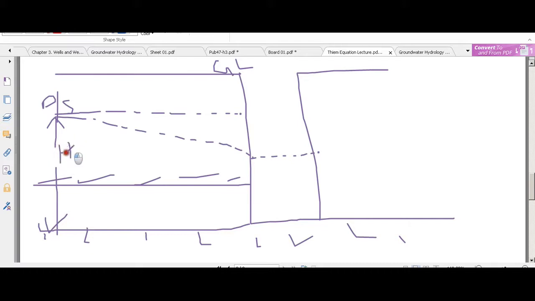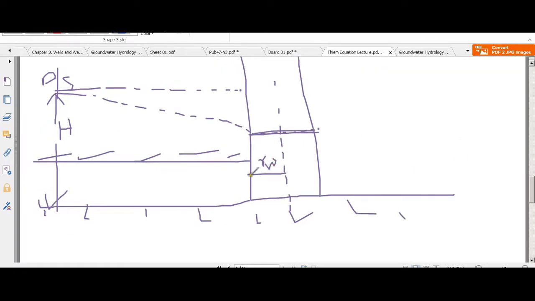I call this capital H. Okay, this is the maximum height, which is capital H, and this is the water level inside the well. But here what is the length? What is the radius? It is the same as the radius of the well. I call this RW. Okay, because now I am going to teach you the special case.